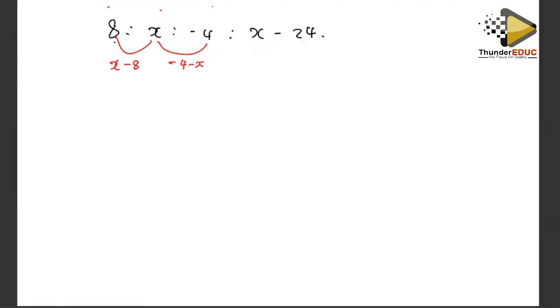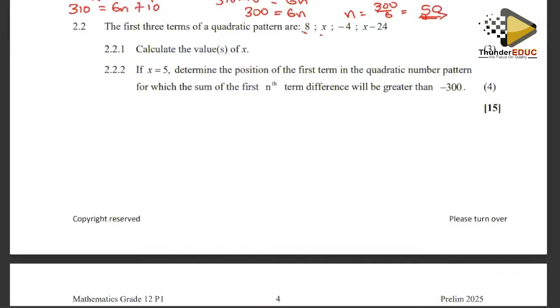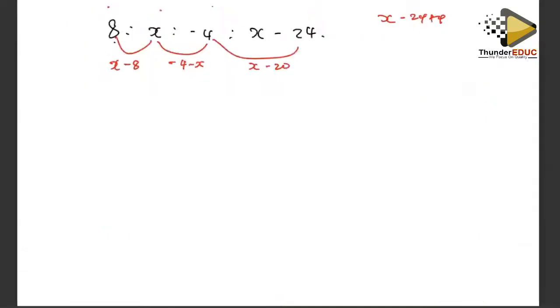This one is one term, it's not two terms. So it's going to be x minus 24 plus 4, which is going to be x minus 20. How many terms do we have? It's 1, 2, 3, and 4.